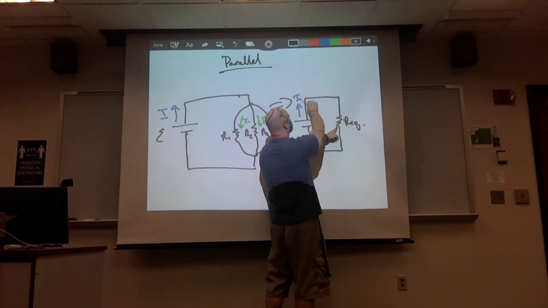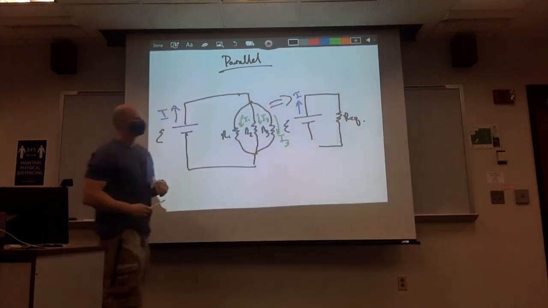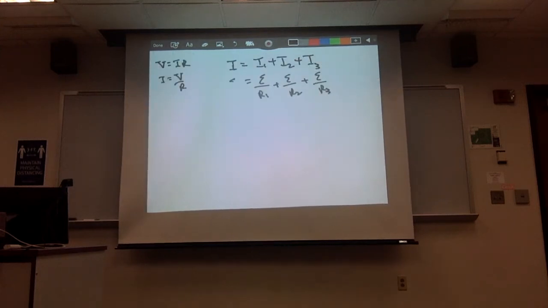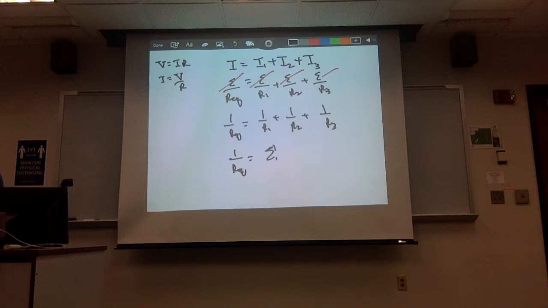So rewriting, I can rewrite the current as simply my EMF divided by REQ. Finally, the same potentials, so I can delete all those potentials, which tells me that 1 over REQ is equal to 1 over R1 plus 1 over R2 plus 1 over R3, which means 1 over REQ is equal to the sum over i of 1 over Ri.